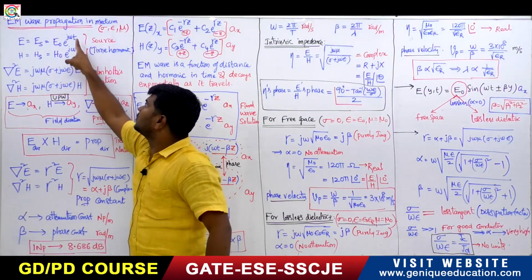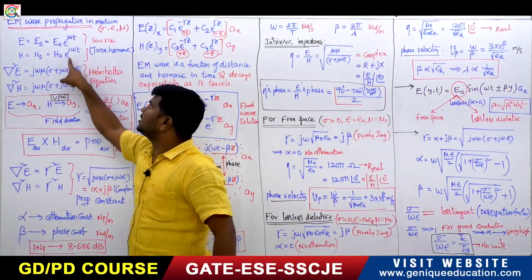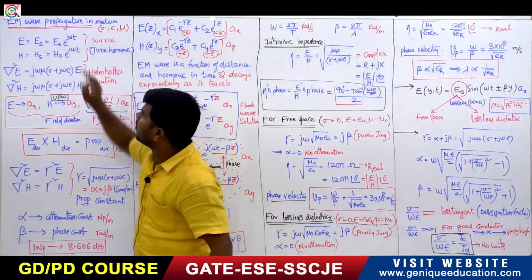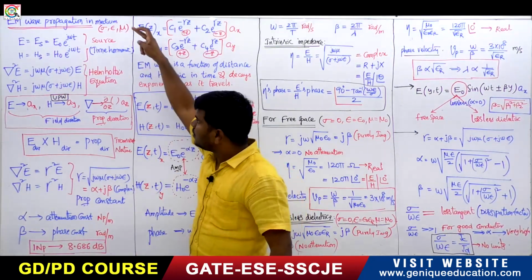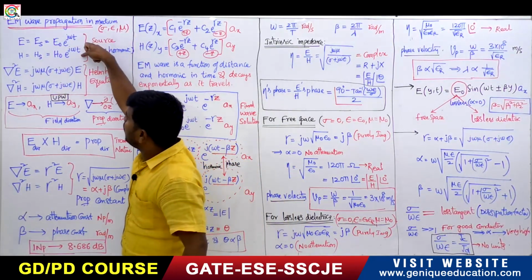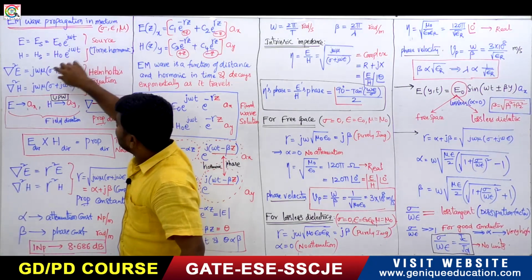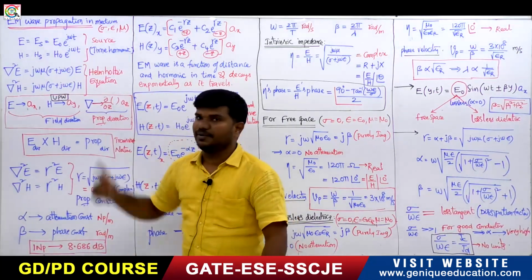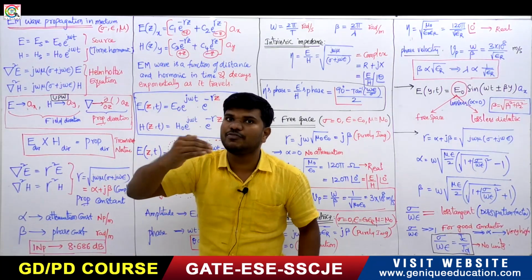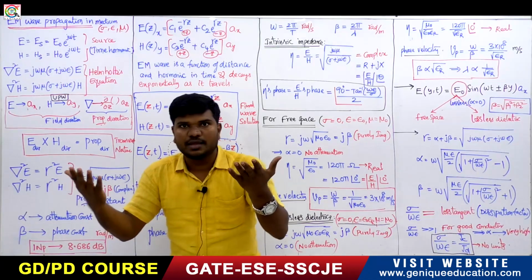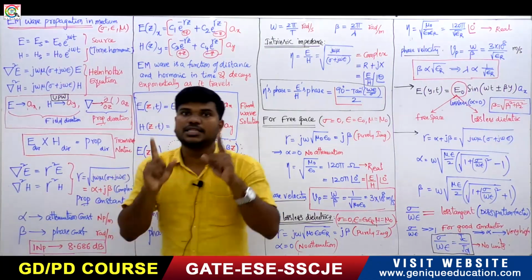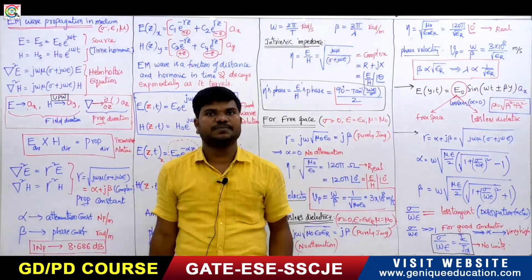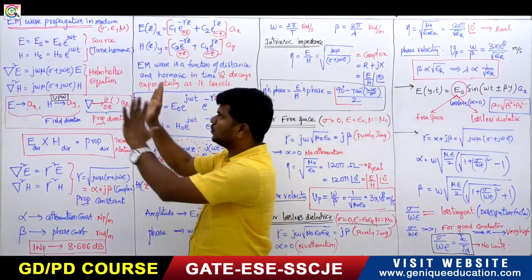If you take the source as E naught e power j omega t and H naught e power j omega t, which are harmonic quantities, then del square E and del square H mean the propagation of the variation of E and H in the direction of x, y, z.